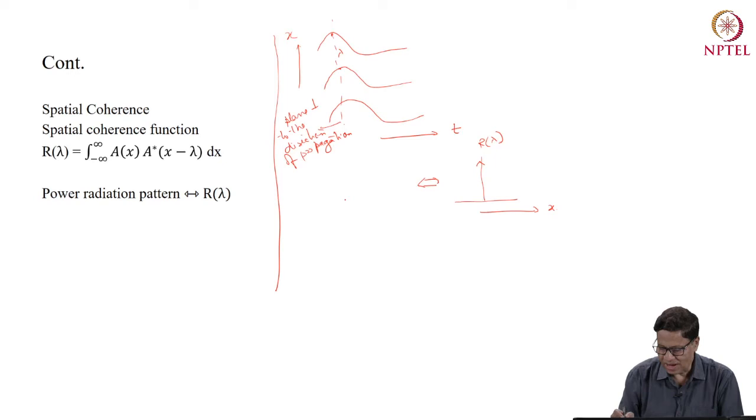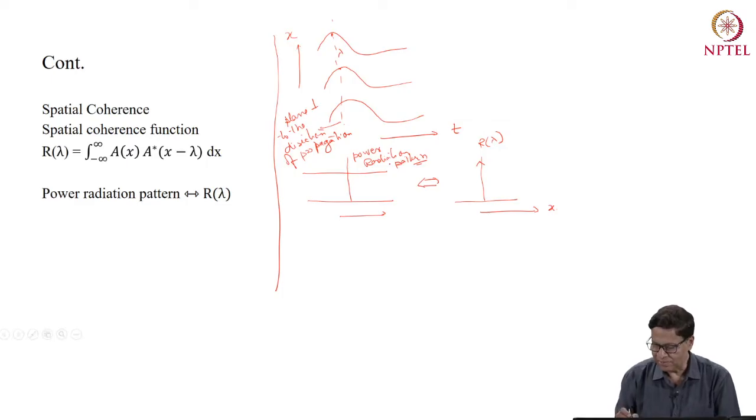So if I plot it, this will be flat here. Let me call this the power radiation pattern. So R(lambda) and the power radiation pattern form a Fourier transform pair.